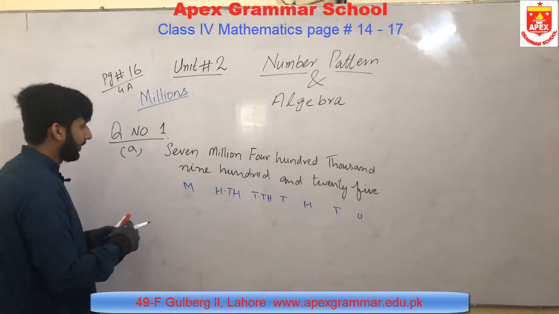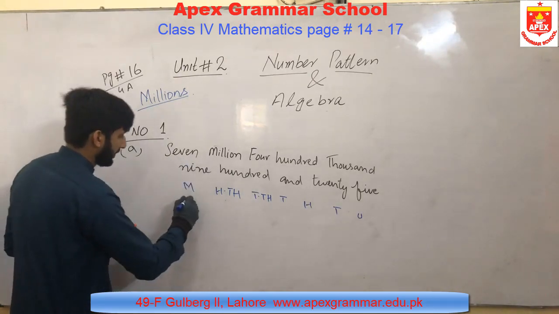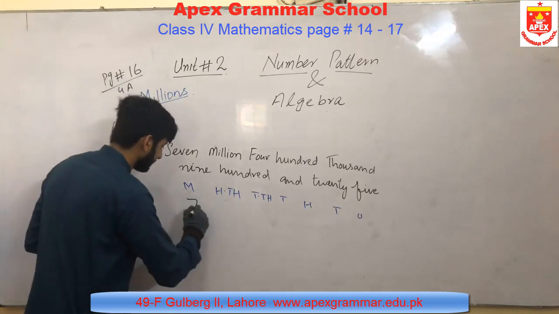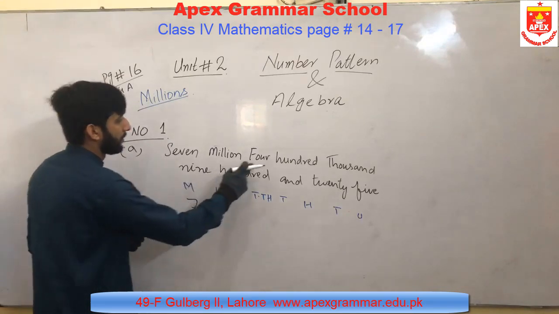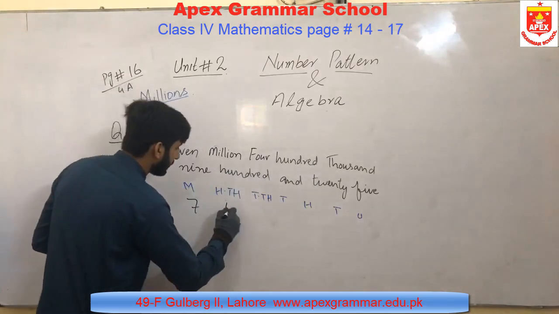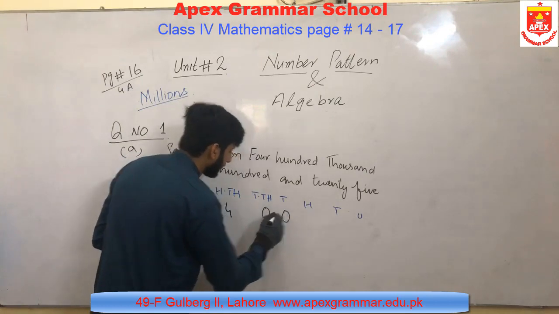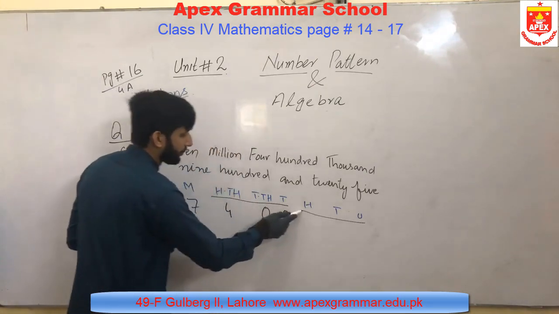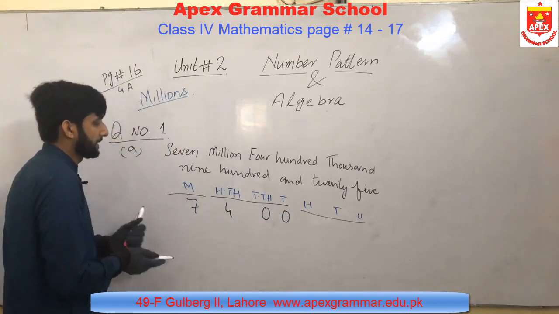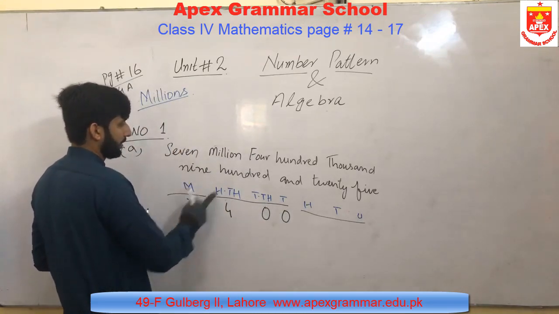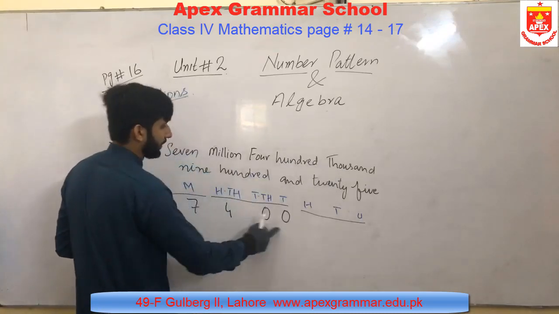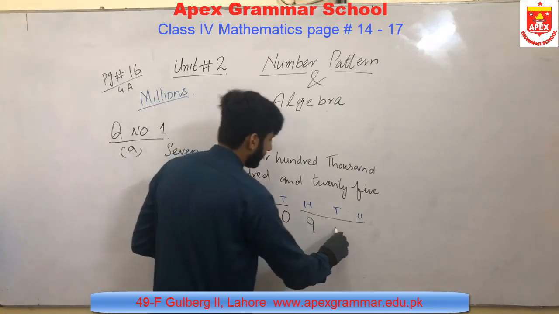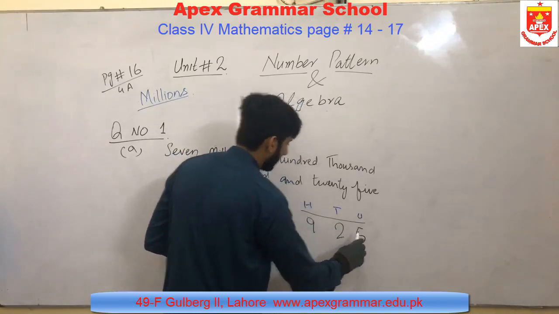Okay, after reading 7 million 400,000, this is the thousand section, this is one section, and this is the million section. 7,400,000 then 925.